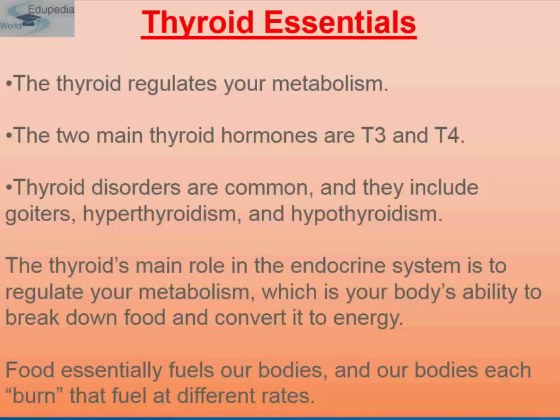That means every individual has different rates of burning that fuel. And what is fuel? Fuel is food for humans. So you can say that thyroid, its main role is to regulate your metabolism, which is your body's ability to break down food and convert it into energy.